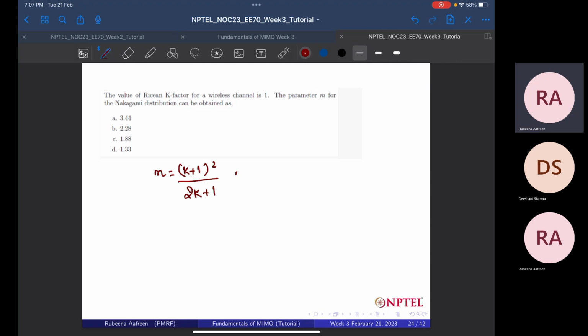Can you calculate immediately? 4 by 3. Correct. So K is 1, so M is 2 square by 3, that is 4 by 3. That will come as 1.33. So the answer is D here.